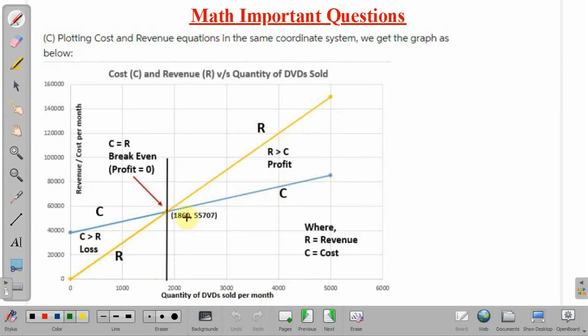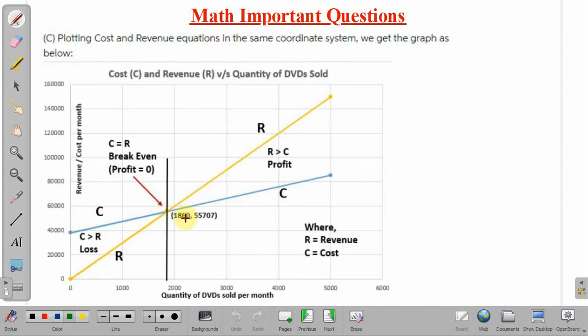Where the two lines intersect, that is the break even point. Drawing a line parallel to the vertical axis down to the horizontal axis, the quantity is 1860, and the revenue or cost per month for 1860 units is $55,707. So this is the break even point.